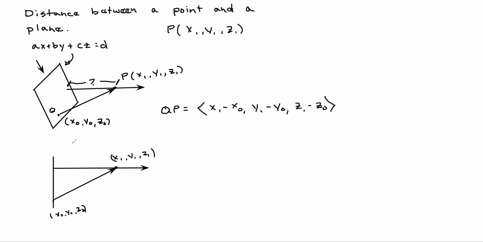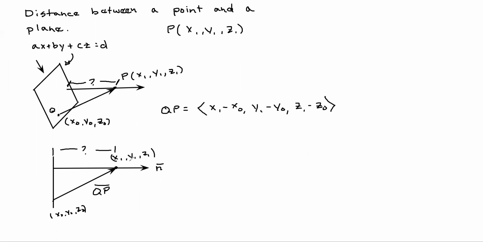And what we want to know is the distance between the plane and the point. That's this distance here. On our picture, that's going to be this distance. So how could we find that distance? Where this is the normal vector, and this vector here is QP.